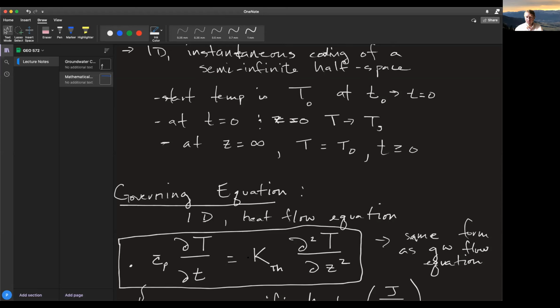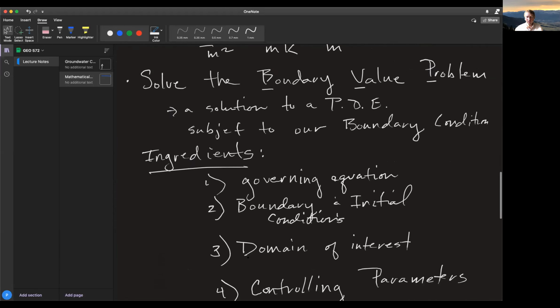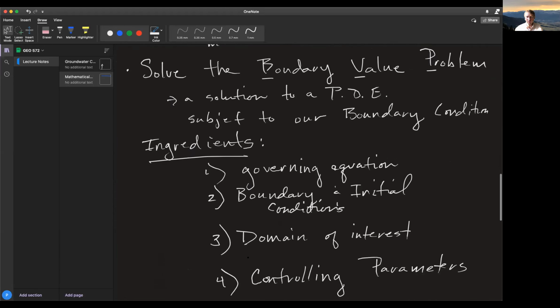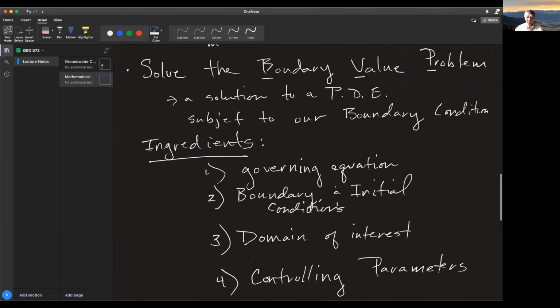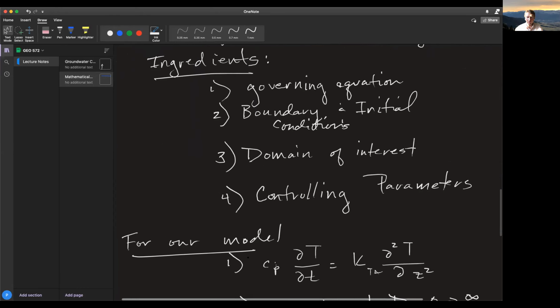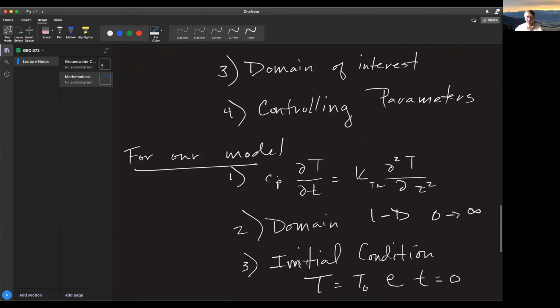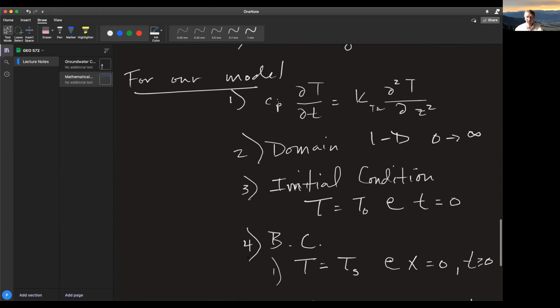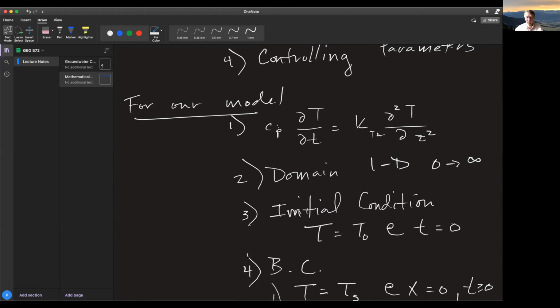Now, in order to build all the ingredients to solve the boundary value problem, we developed the governing equation, the boundary and initial conditions, the domain of interest, and the controlling parameters. We've built our conceptual model, and we're developing a mathematical model that will allow us to describe temperature in our slab.